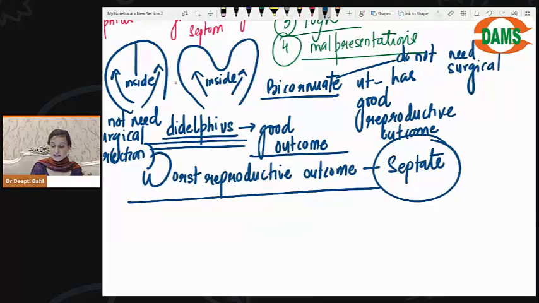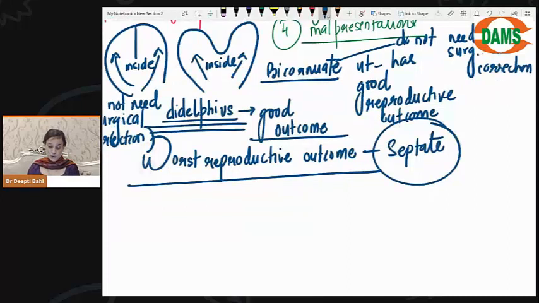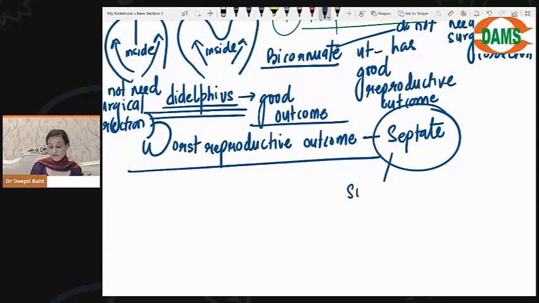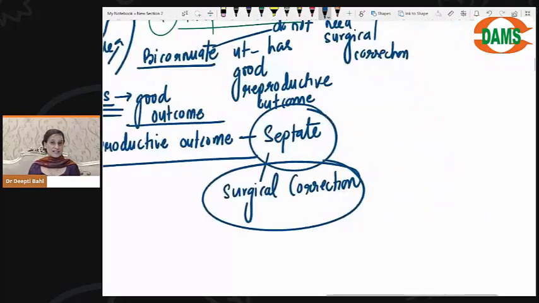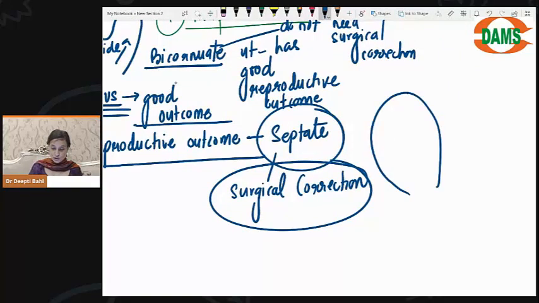Whereas septate uterus is the one which will need surgical correction. Now, once you know what is a septate uterus, I have shown it to you, I have drawn it for you.